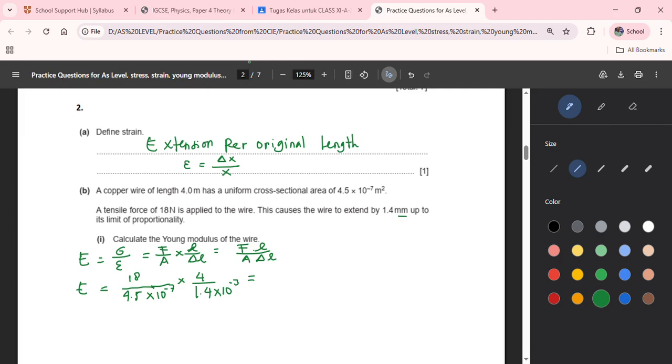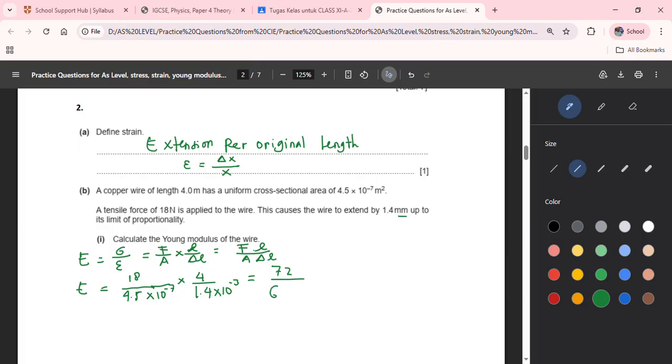Okay, using the calculator, we have this times this is 72, divided by 4.5 times 10 to the power of minus 7 times 1.4 times 10 to the power of minus 3.